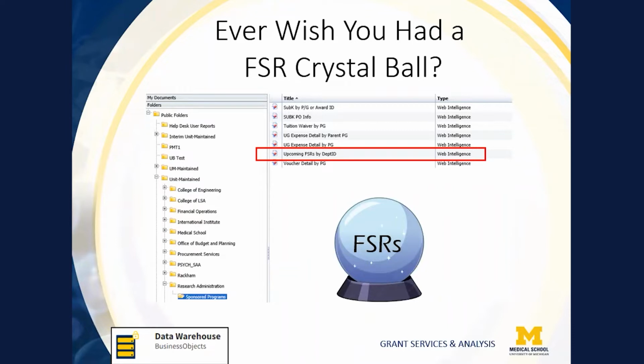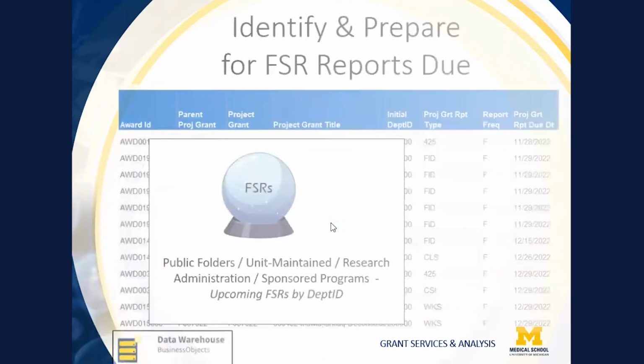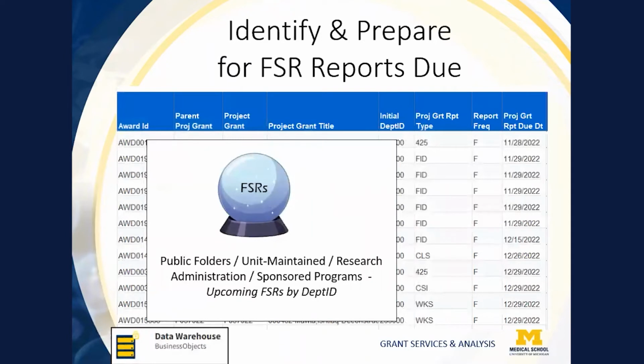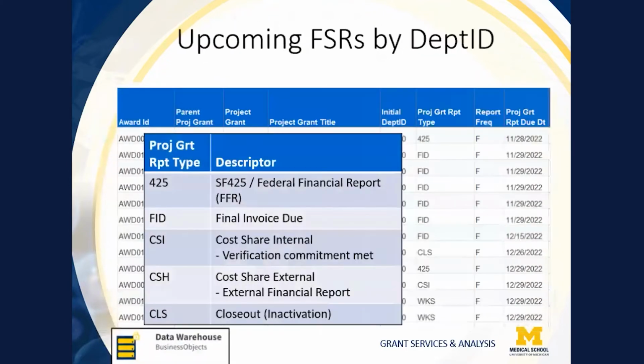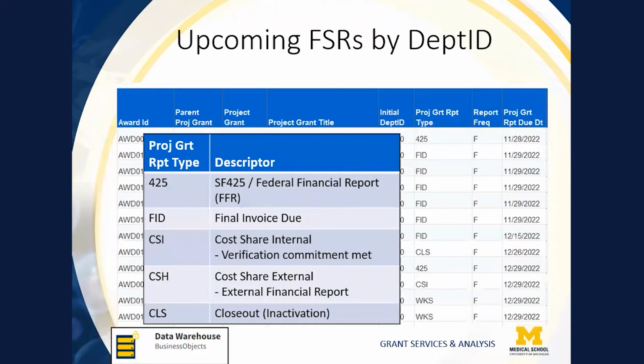You can go in, run this report by your department ID, and what that report is going to do is return back all of the FSRs that are coming due in your Dept ID for the next 4 months. Okay, so it's going to give you a really good snapshot of what the heck is going to be coming your way. And that includes final federal financial reports, your FFR or your 425.